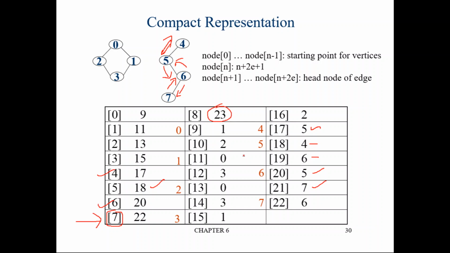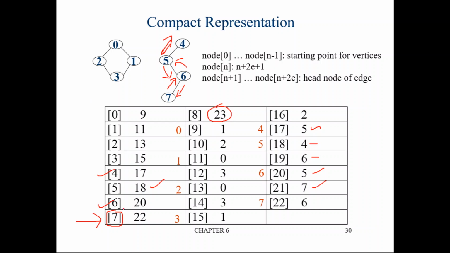For example, if there is an edge from 7 to 5 also, then this will be 5. So this is how we represent using what is called compact representation.